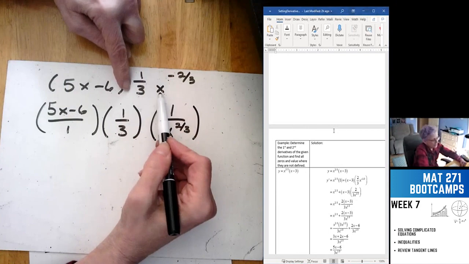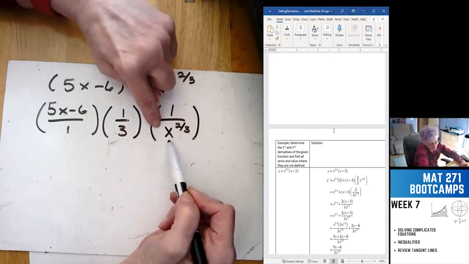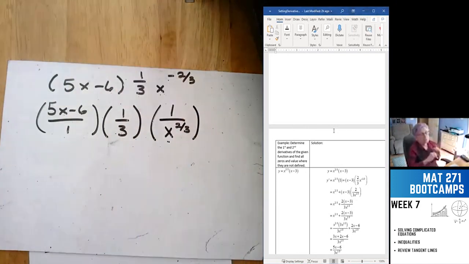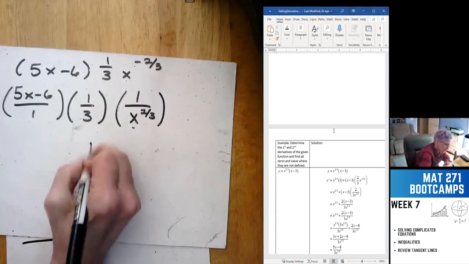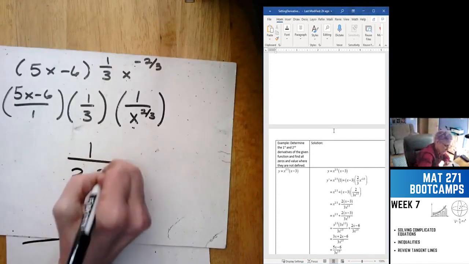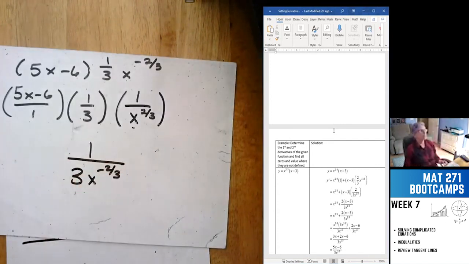It's 1 over 3x. And if you bring the 2/3 down here, it becomes a positive 2/3. Right. So you would need to have that whole portion underneath 1 for it to be what I'm thinking. Right? Yes. You're thinking of 1 over 3x to the negative 2/3.